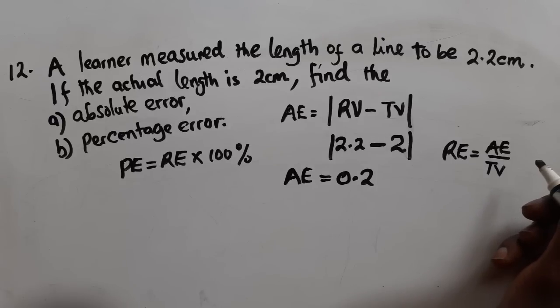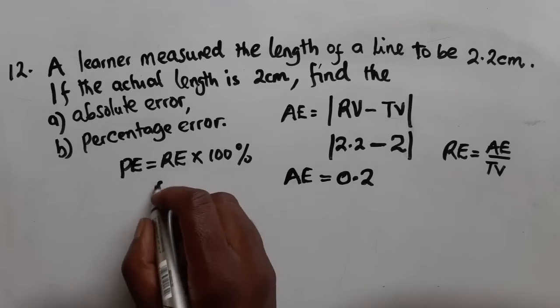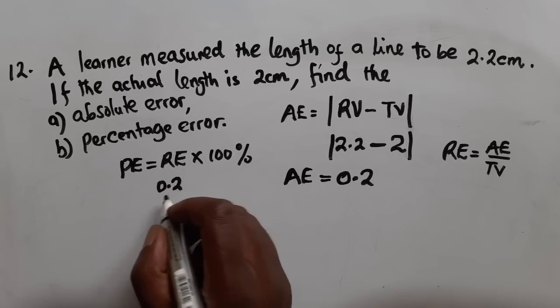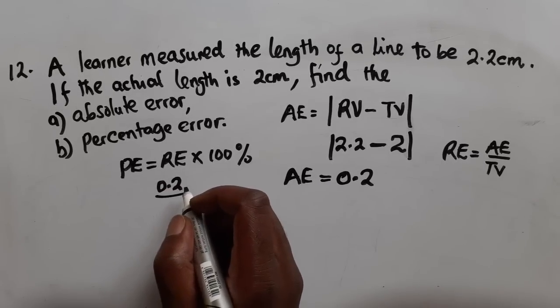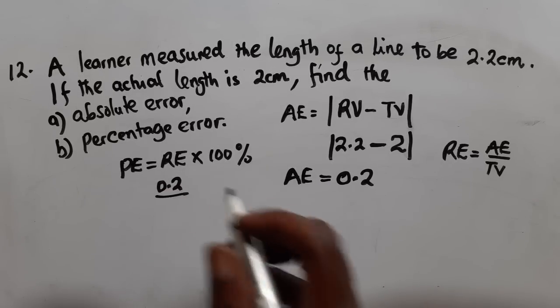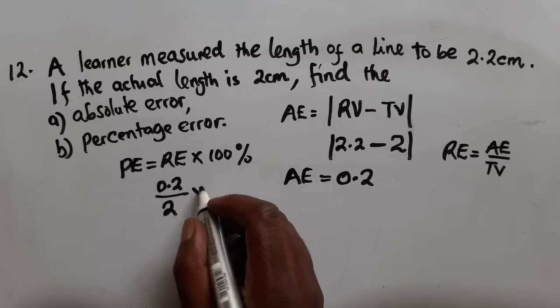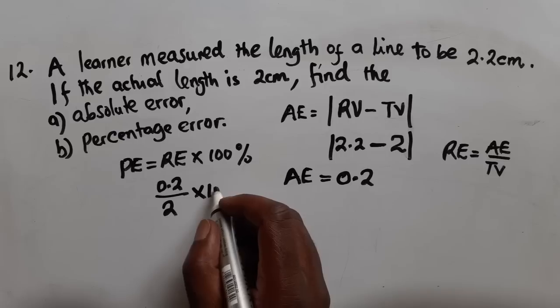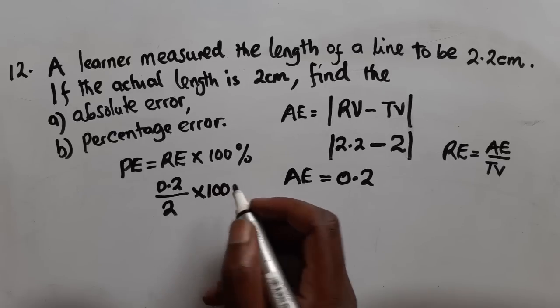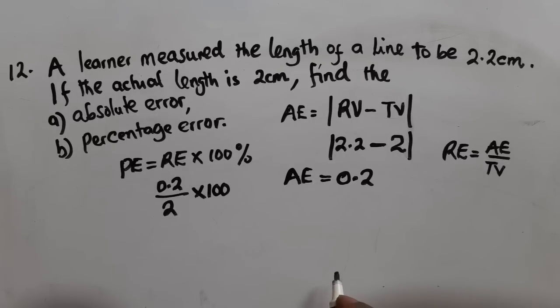So the absolute error is 0.2 over the true value, which is 2. We have to multiply this by 100. Okay? You need to multiply this by 100. So what are we going to get?